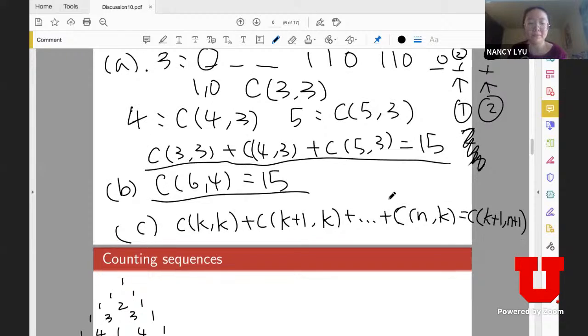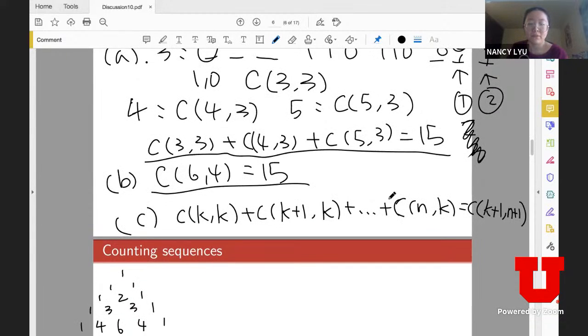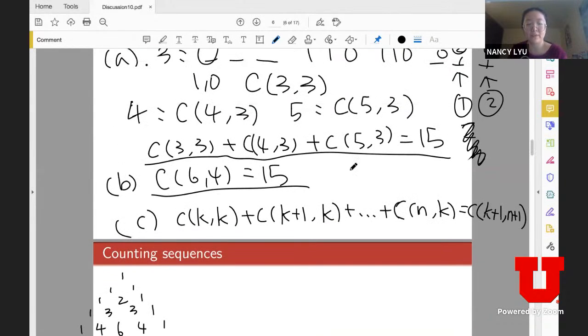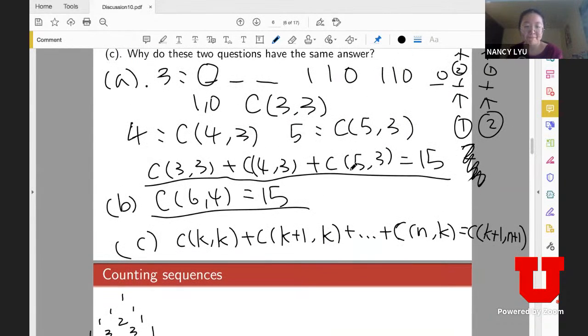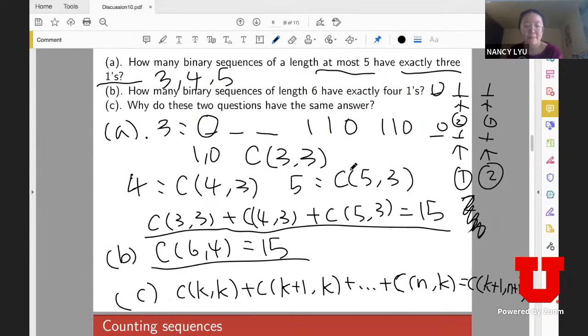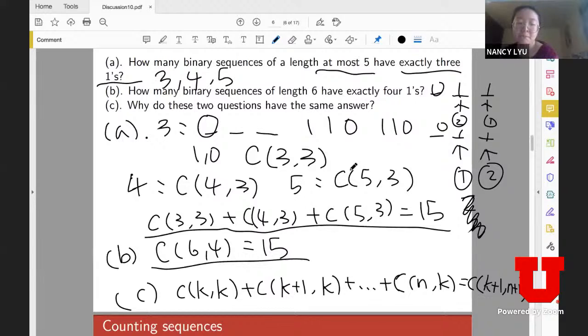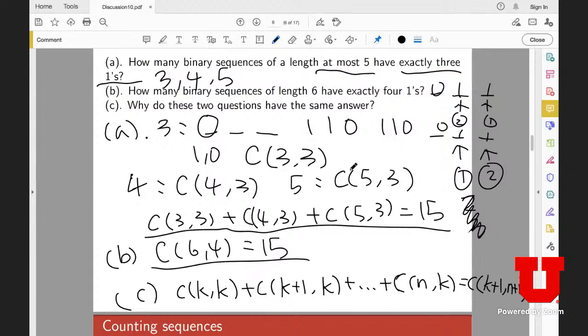I'm just going to move on to the next question because I'm not sure if we have enough time for the rest of the questions. I do have a quick question. If it's C(K,K), would that equal, in the problem that we had, C(3,3)? Then it equals C(N+1,K+1), but we have it as 6, 4, which is not 3 plus 1.